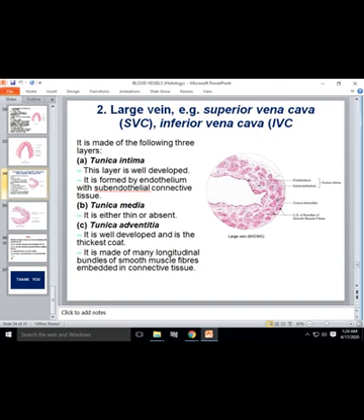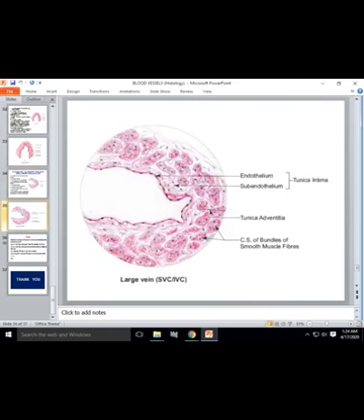And connective tissue is also present. This is a large vein, superior vena cava or inferior vena cava: endothelium, and below endothelium, subendothelium. And then comes the tunica adventitia, bundles of smooth muscle fibers, and connective tissue in between.